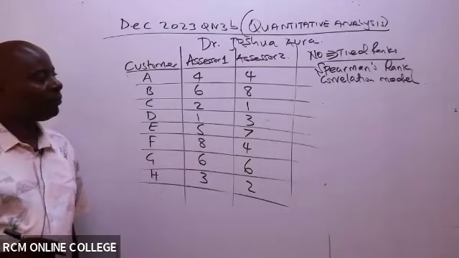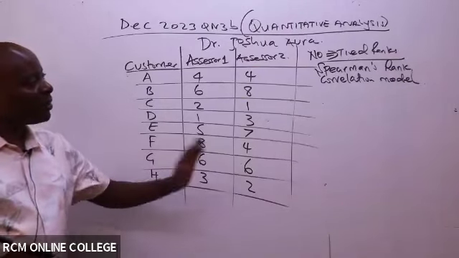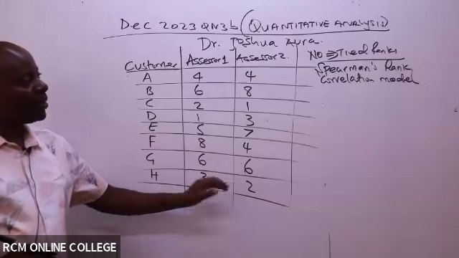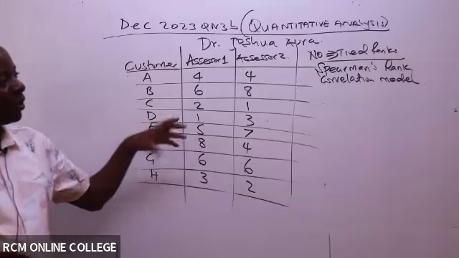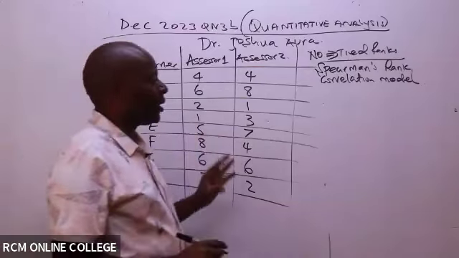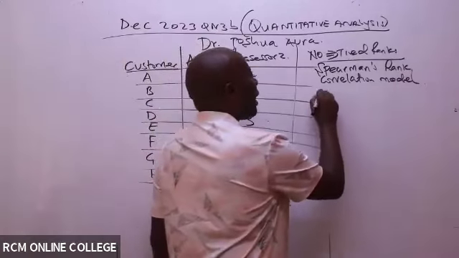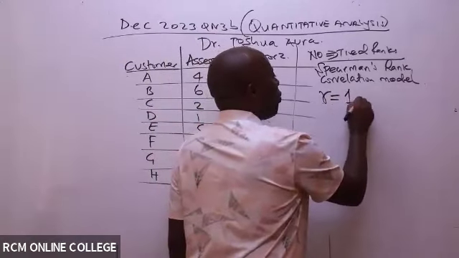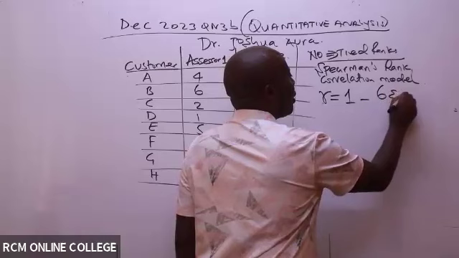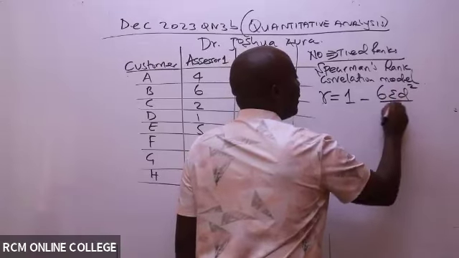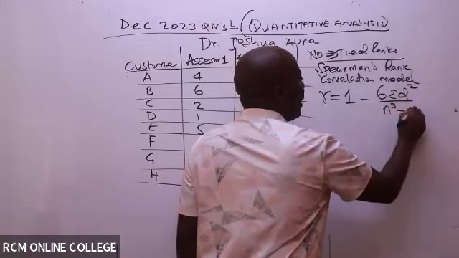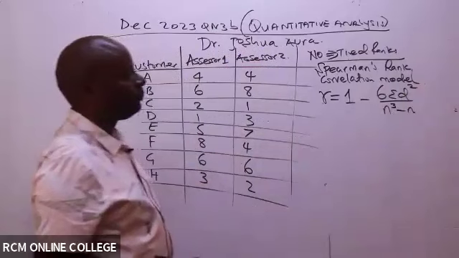Because there are no tied rankings, the Spearman's rank correlation model that I'm going to use is the one that is unadjusted, the easy one, where R will be equal to 1 minus 6 sum of D squared all over N cubed minus N.